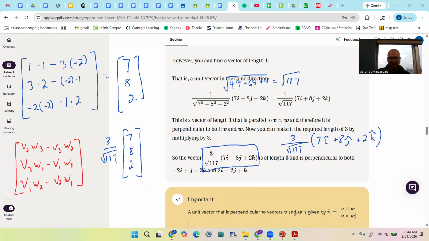So a unit vector is essentially just dividing by the magnitude of the cross product. That's all this formula is saying: your unit vector is the cross product divided by its magnitude, just like any unit vector. That's just a unit vector that's perpendicular.